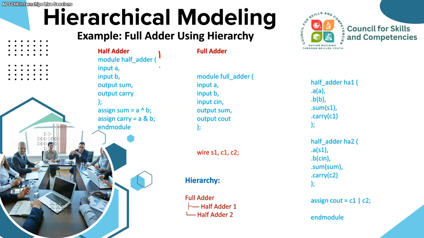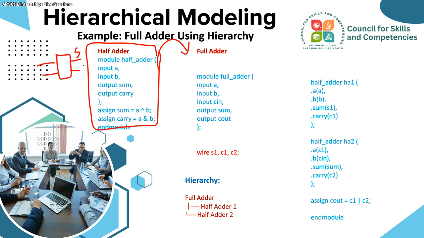I have a half adder module. Please try to understand. From that I am going to create a full adder. You know about the half adder, we already covered it in digital design. It has 2-bit inputs A and B, and the outputs are sum and carry.